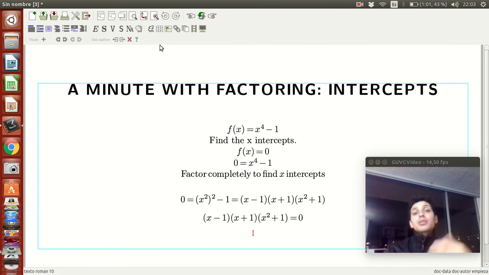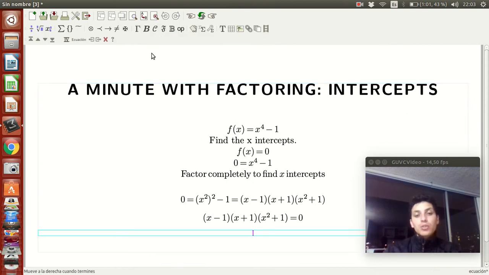The zero factor property is explained in my video on polynomial equations. If you don't understand pretty well how to solve polynomial equations and the zero factor property, I recommend you check the video. It's pretty cool. But here, the zero factor property just establishes that each factor should be equal to 0.